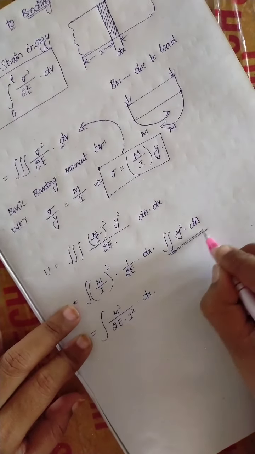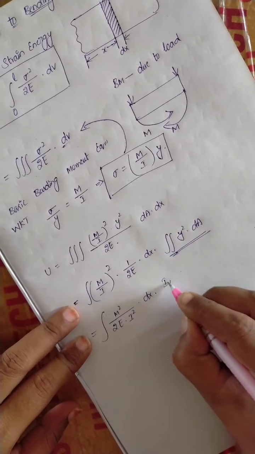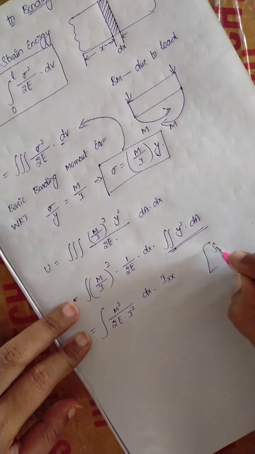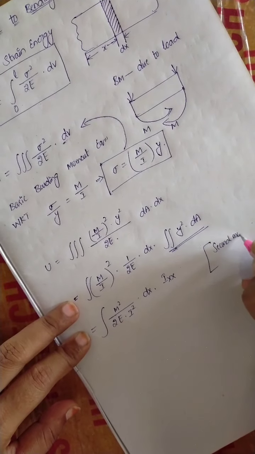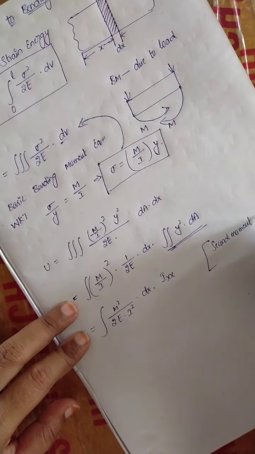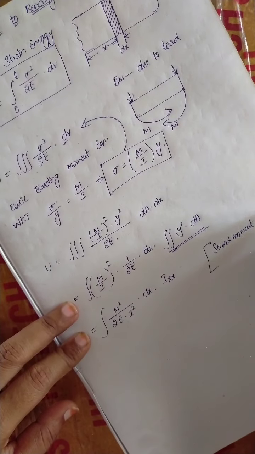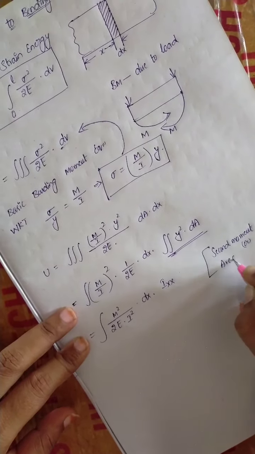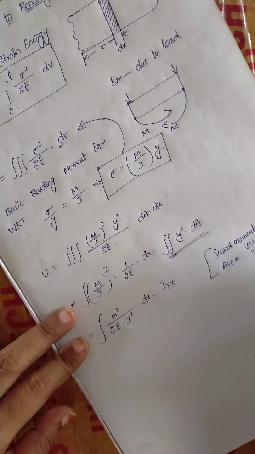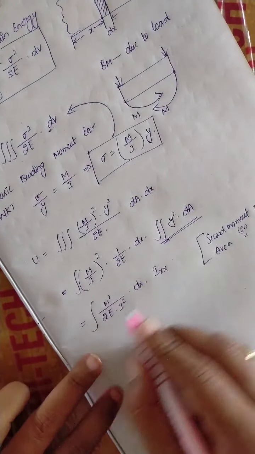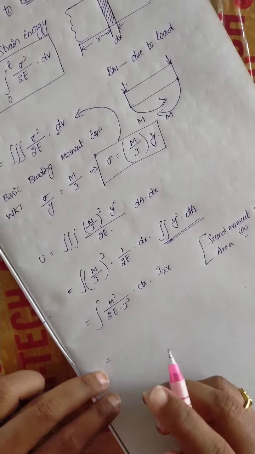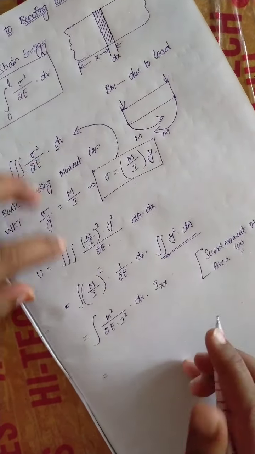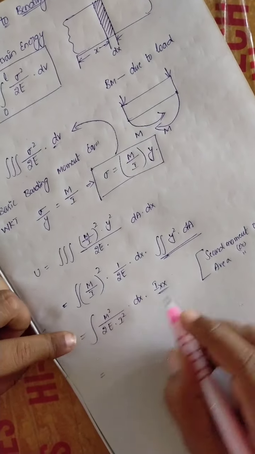See, instead of this term I am going to write Ixx, because we know that it is the second moment of inertia or area moment of inertia formula. Okay, so here they are not particularly saying it is about x axis or y axis, so you can avoid this axis.